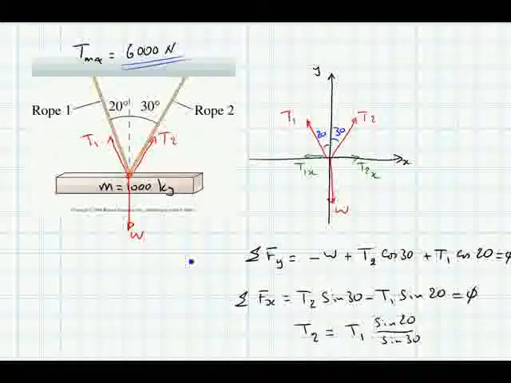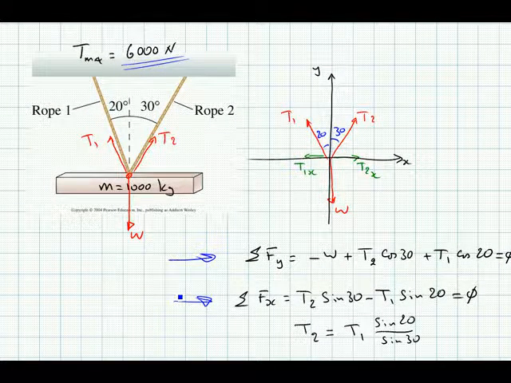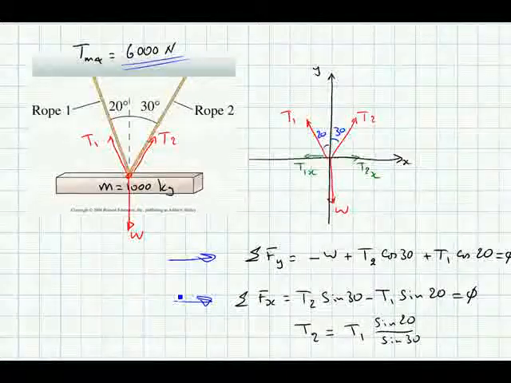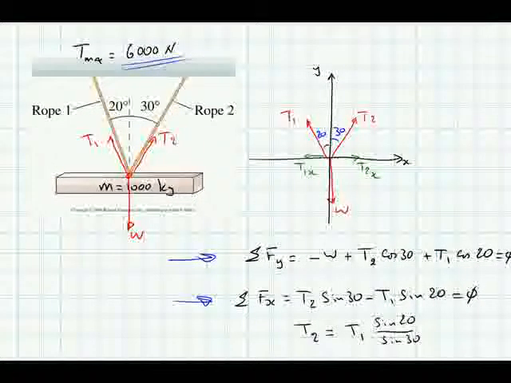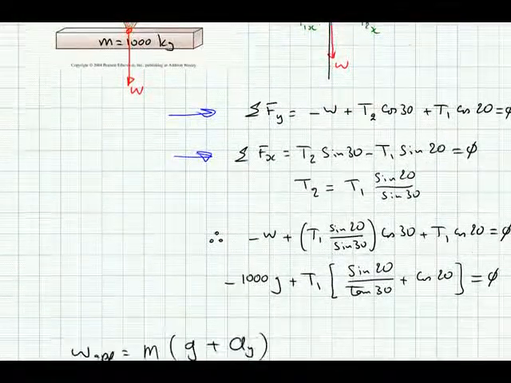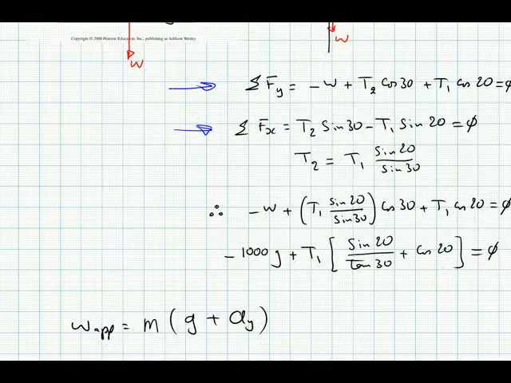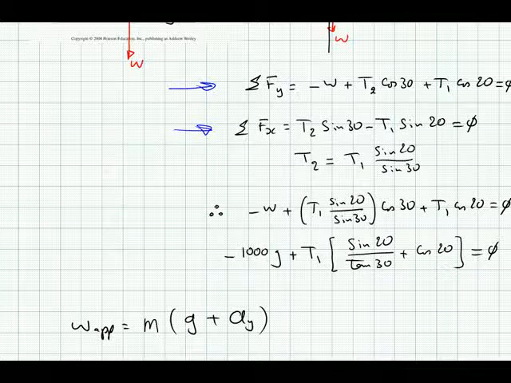Now apply Newton's law along the y-axis and along the x-axis, and you should end up with the expressions given. I'll let you take a look at those expressions. They're self-evident.